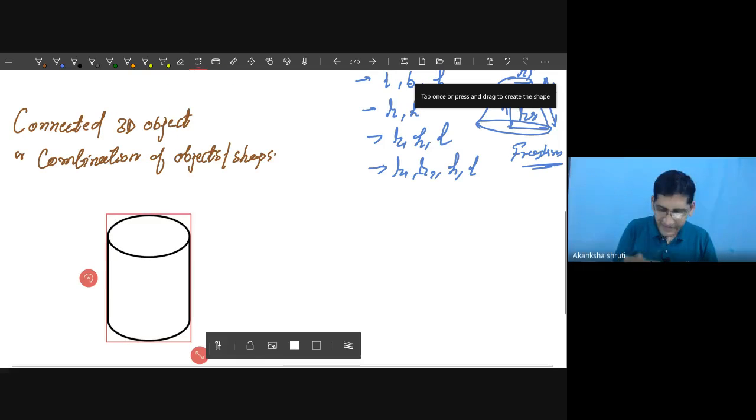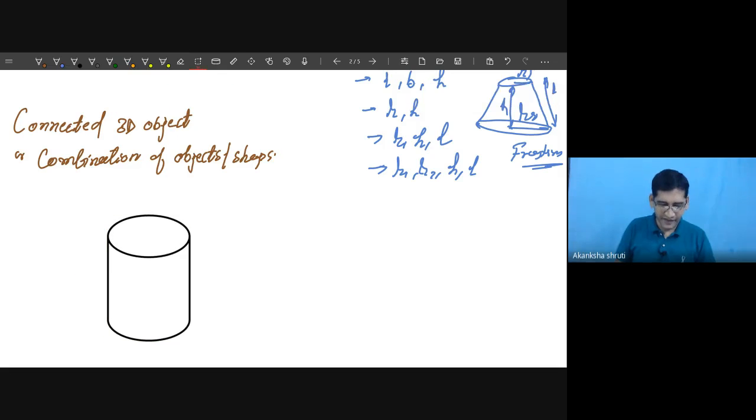If we consider this as the cylinder, now this is the basic structure, where the cylinder is represented by its radius, its height, radius from the center.